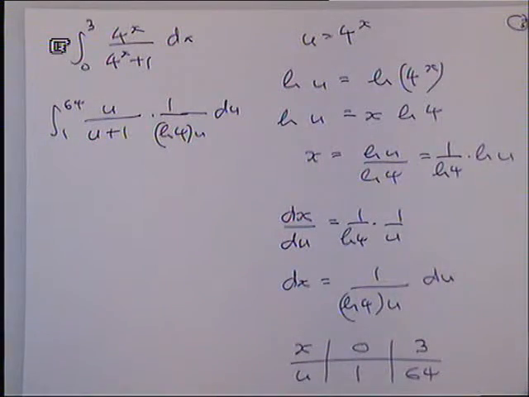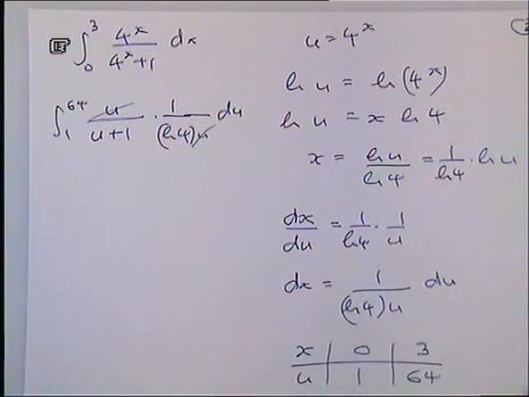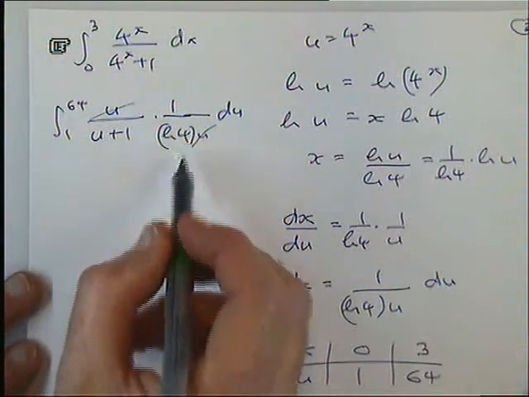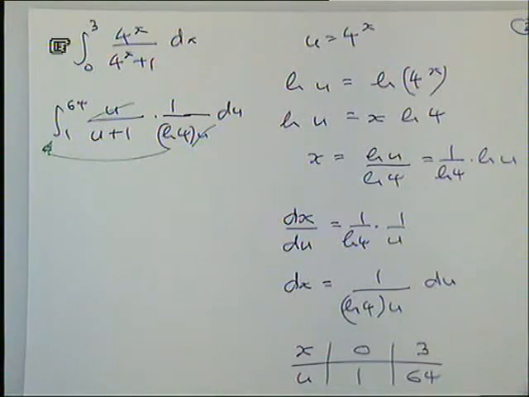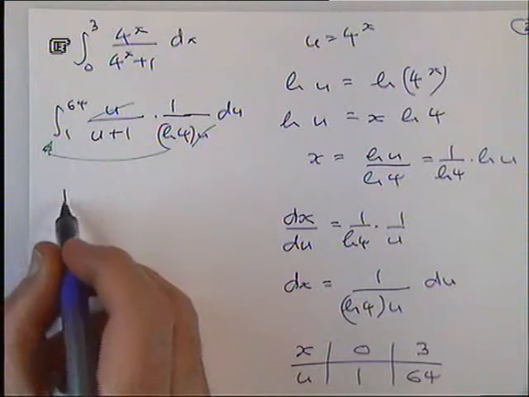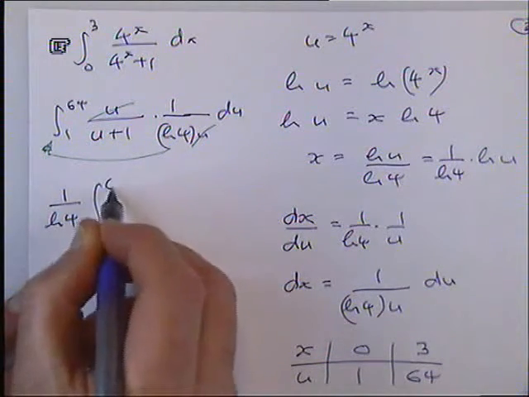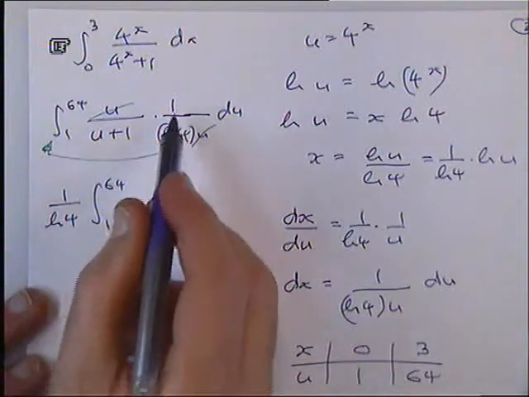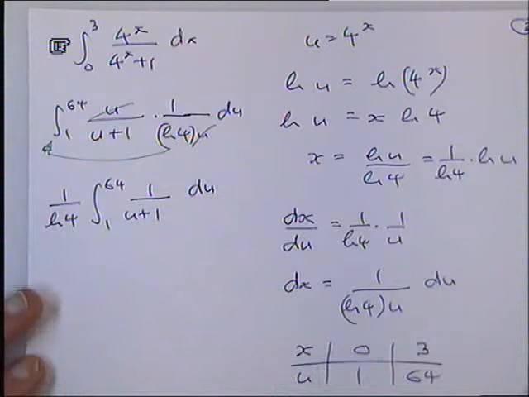Always at this point hoping something useful is happening. It is. I can get rid of those. Log of 4 is just a number, so I can put that in front of the integral sign. So I'm getting 1 over log of 4, the integral from 1 to 64, and all I'm left with here now is a 1 over u plus 1 du.